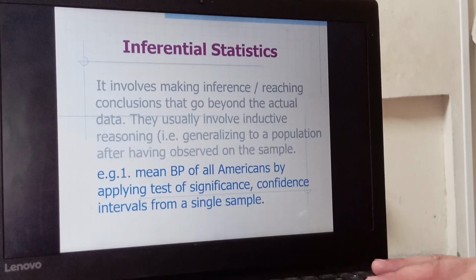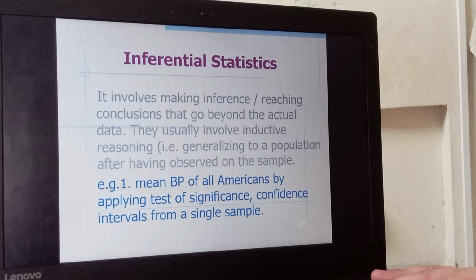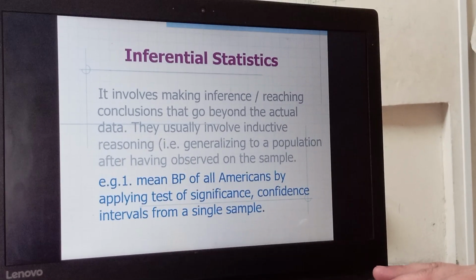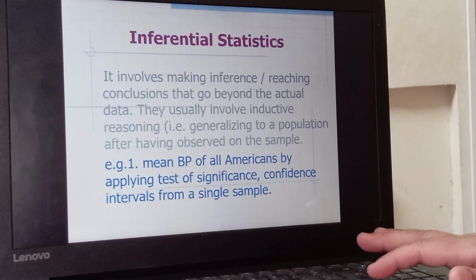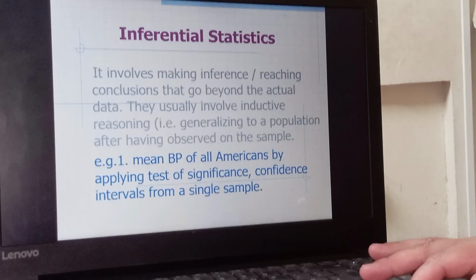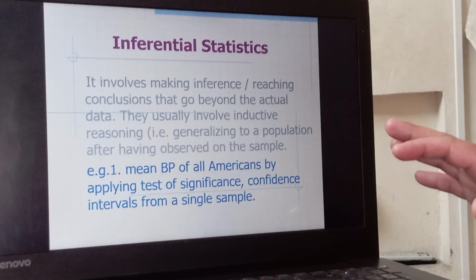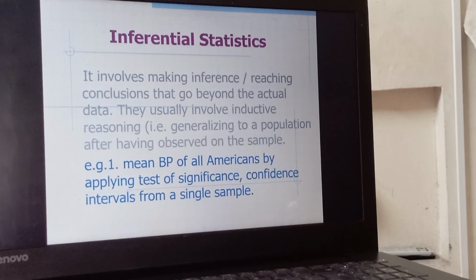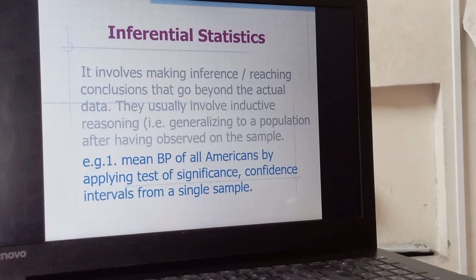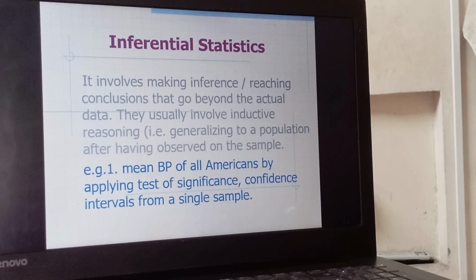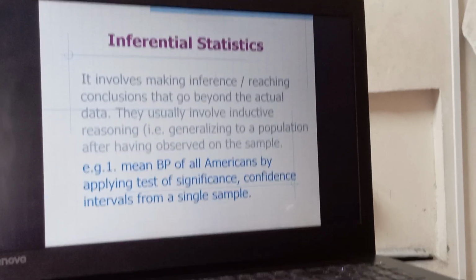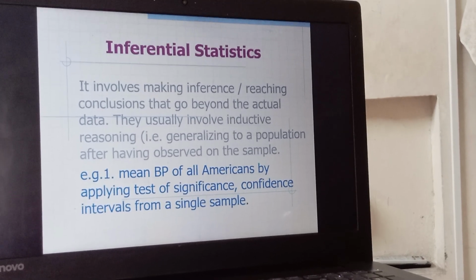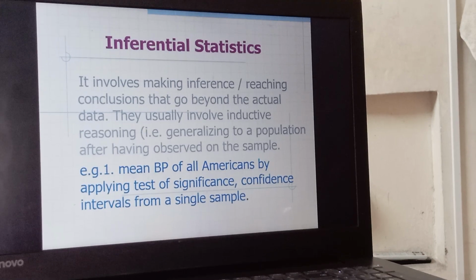For example, you can see in this slide that mean BP of Americans by applying test of significance confidence interval from a single sample was found. So in order to compare the mean blood pressure of two groups or more than two groups, we apply the suitable test of significance, and following application of that test of significance, we see whether the manually calculated results were significant or not, whether the manually calculated differences among two or three groups were significant or not.